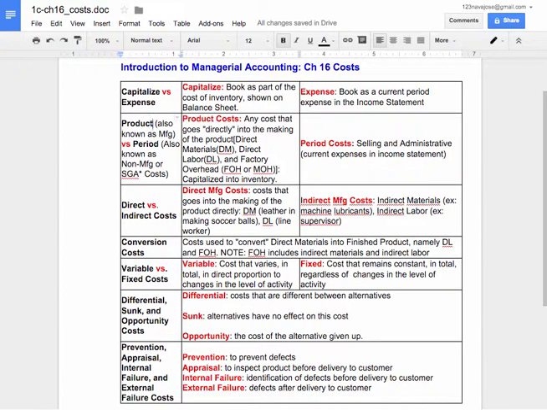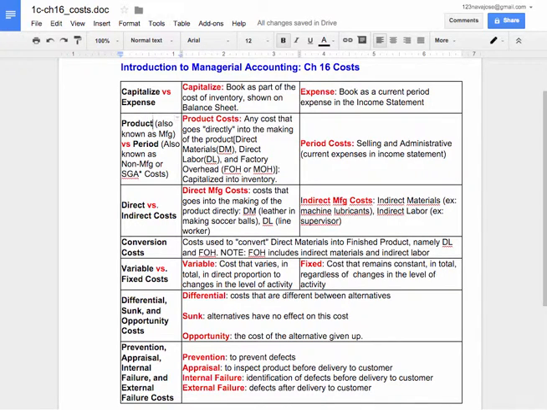Anything such as machine lubricants, indirect labor, supervisors, janitor working at the manufacturing plant, accountants also in the manufacturing plant, anything that has to do with manufacturing but is not directly traced to units of production, then it would be indirect. And the difference here will be obviously also noted later when we talk about overhead costs. I guess that will be the next one.